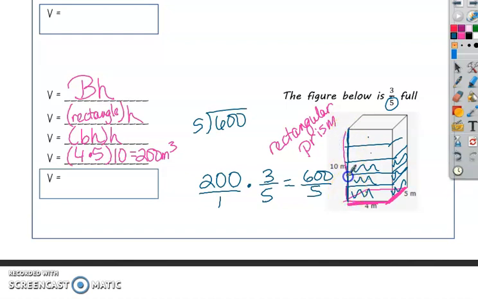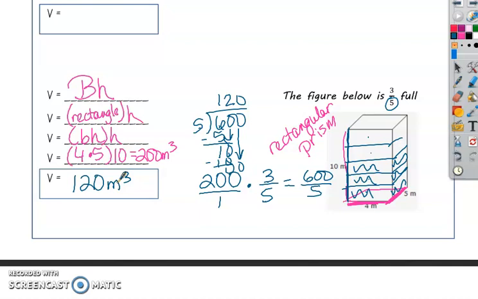I could have done 2, 4, 6 for the height, but I didn't do that. 5 into 6, 1, 5, 1, 0. 5 into 10, 2, 10, 0. 5 into 0, 0. So I have my volume, when it's not all the way full, 120 meters cubed.